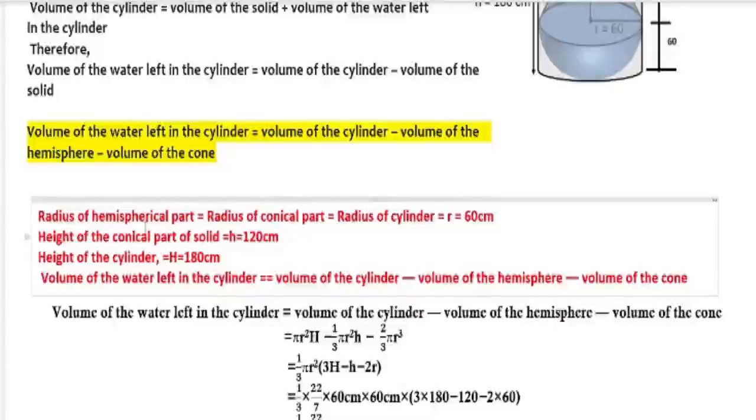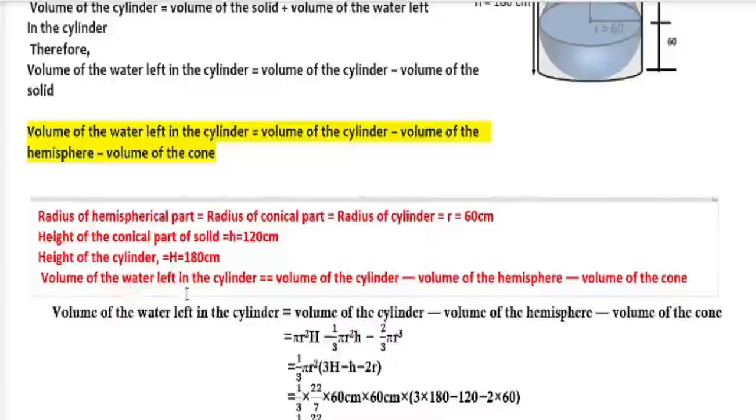Here radius of the hemispherical part, radius of the conical part and radius of the cylinder, all these are same, that is equal to 60 centimeter. And the height of the conical part, or height of the cone, equal to 120 centimeter, and height of the cylinder we take as capital H, that is equal to 180 centimeter.